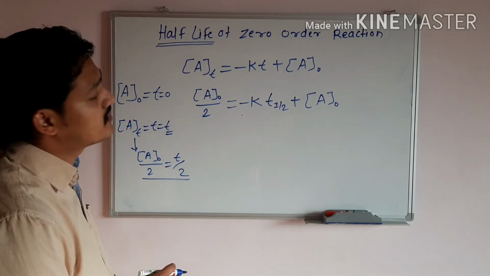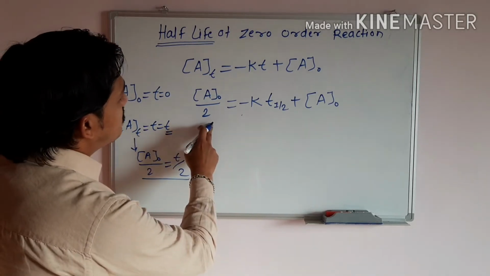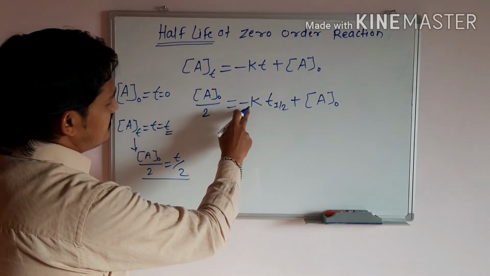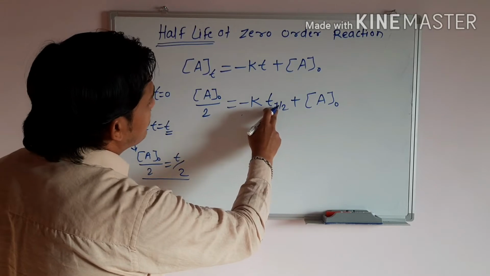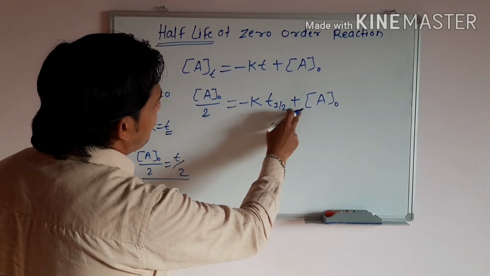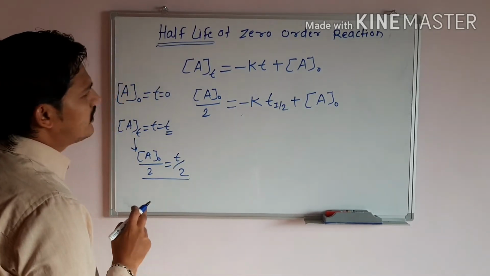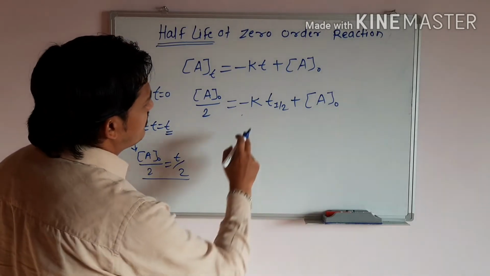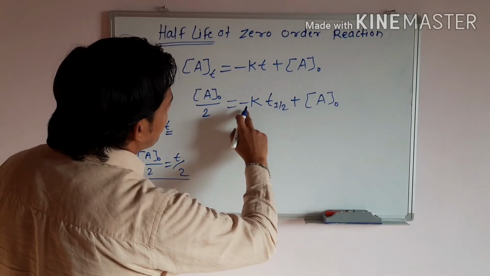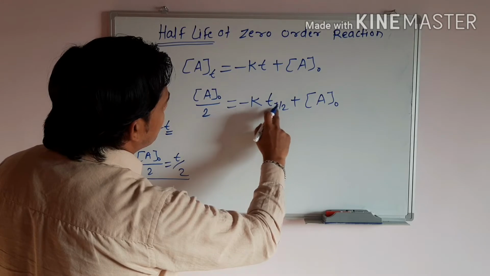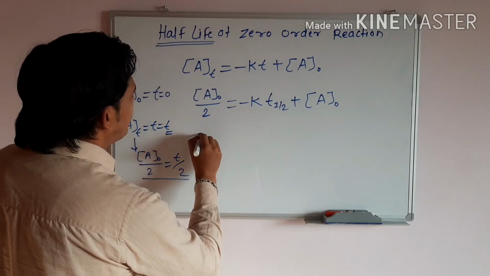Let's think about that. A0 by 2 is equal to minus k t1/2 plus A0.